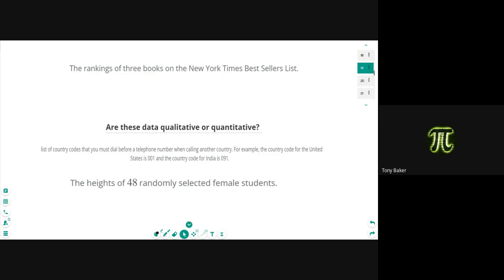Like their height is a quality, but... So heights would definitely be quantitative. So what makes height quantitative, but the color of their eyes qualitative?